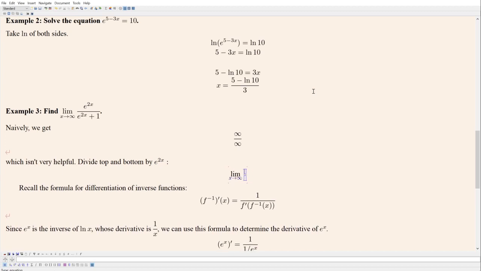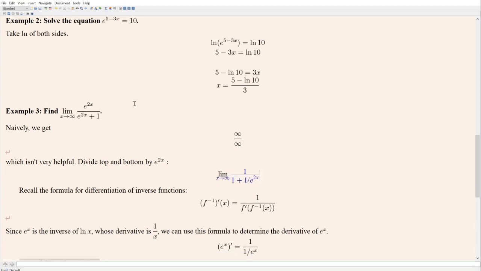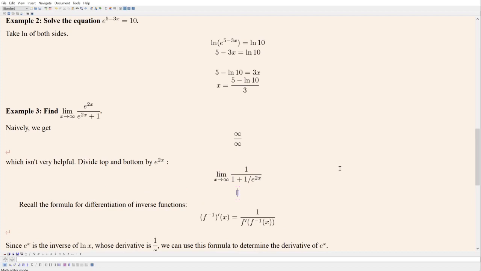So let's see, e to the 2x divided by e to the 2x is 1. On the bottom, we would have to divide both of these dudes by e to the 2x. So we get 1 plus 1 over e to the 2x. Okay, now, as x goes to infinity, this dude goes to infinity. 1 over infinity is 0.